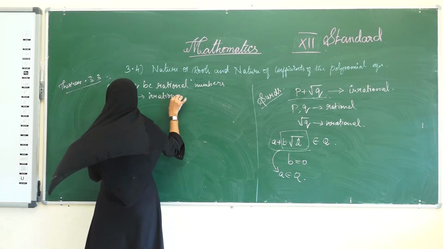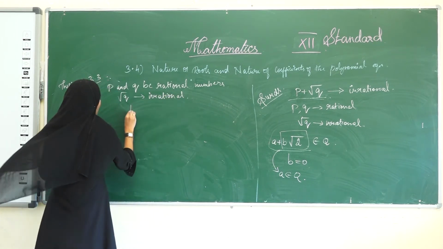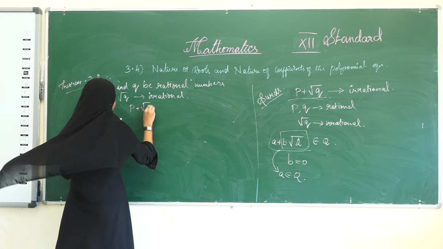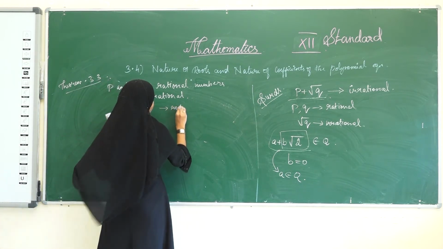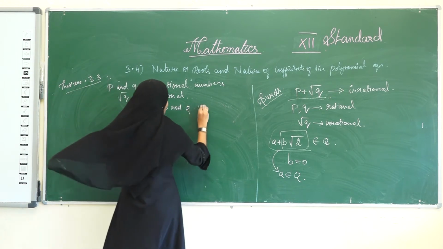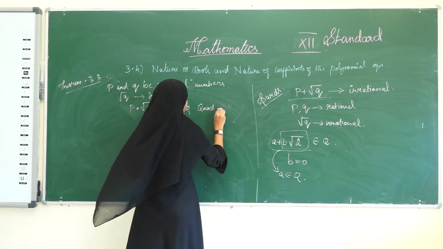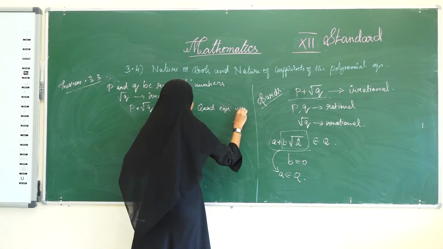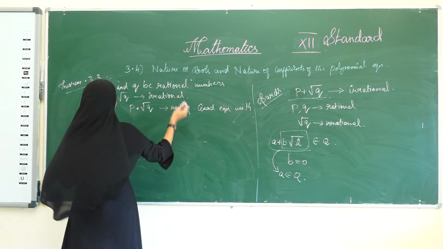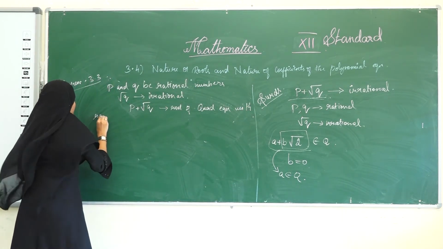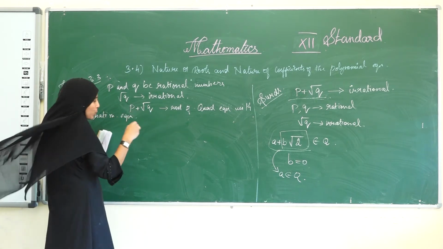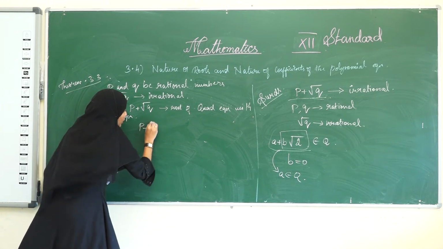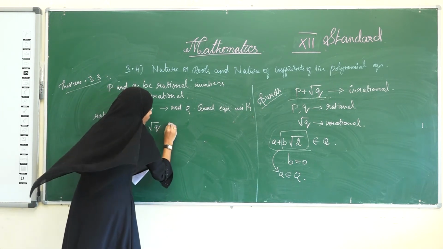These are the statements of this theorem. Suppose p plus root q is a root of a quadratic equation with rational coefficients. Now we are dealing with rational coefficients, right? Then we have to prove that p minus root q is also a root.